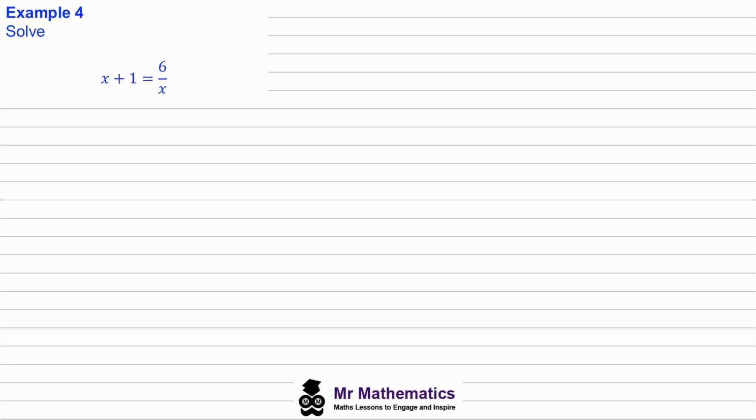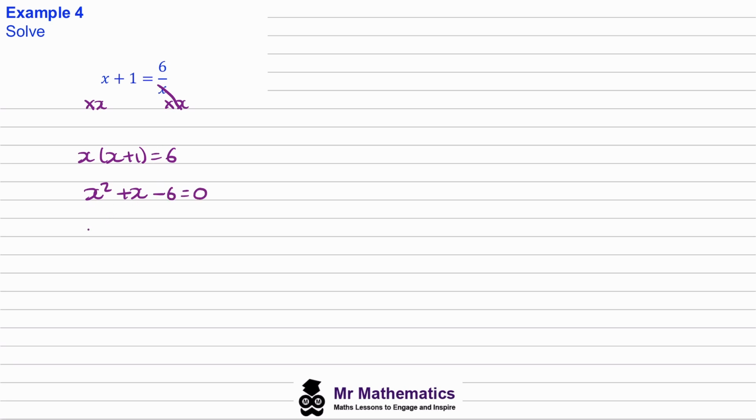Okay, so I hope that went well. We need to multiply both sides by the x, because when you do that, the division and the multiplication will cancel. So we'll have x multiplied by x plus 1 to make the 6. And then we need to expand out this bracket. So we get x squared plus x. We can move this positive 6 to the left-hand side.